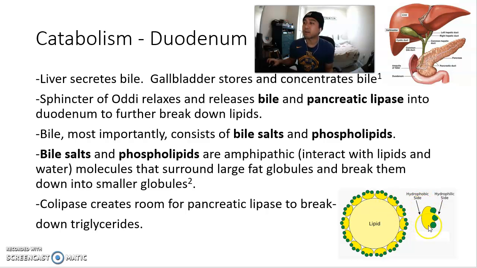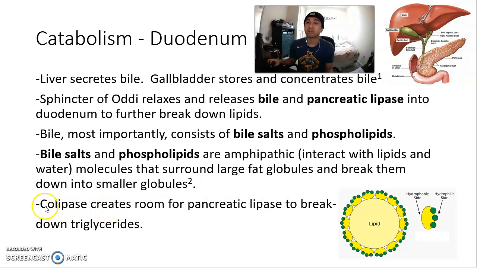As you can see here, their hydrophobic side will attach to the fat itself, and the hydrophilic side will be interacting with the water or the fluid around it. And they're going to be surrounding the large lipid droplet and emulsifying it into even smaller droplets.